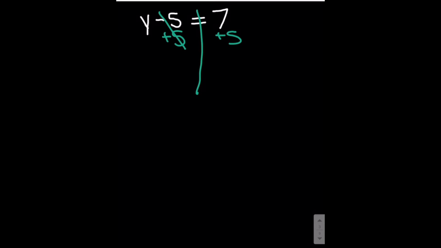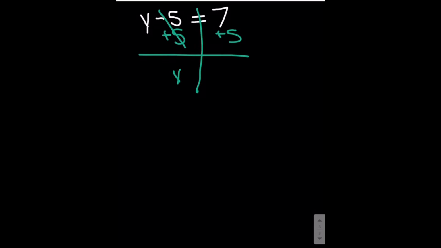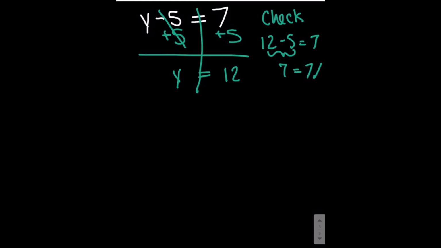Now this cancels off, and now we have just y equals 12. So again, we use inverse operation, and we're going to do a check on the side, and we're going to substitute 12 for y. And when we do this, we get 7, and 7 does equal 7, so that is right.